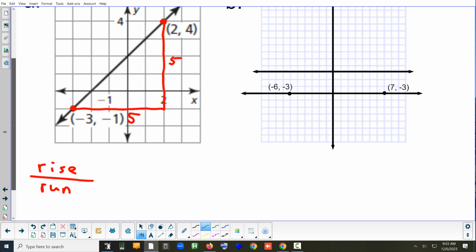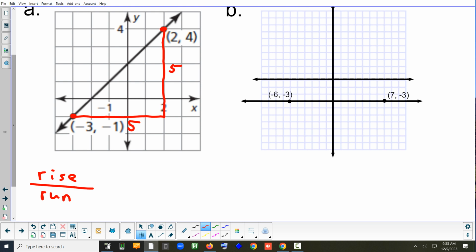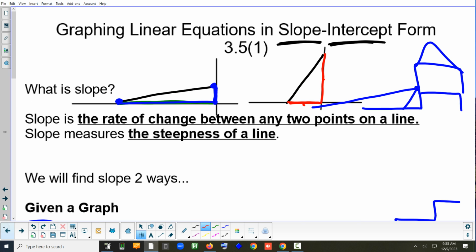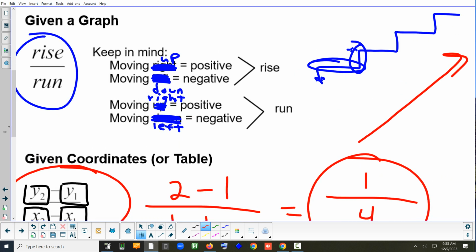Okay. So the first thing is the rise was 5 and we went up. If you go up, is that positive direction or negative direction? Positive. So that's a positive 5. And then we went to the right 5. Is that the positive direction or the negative direction?